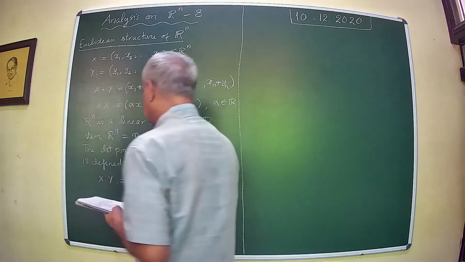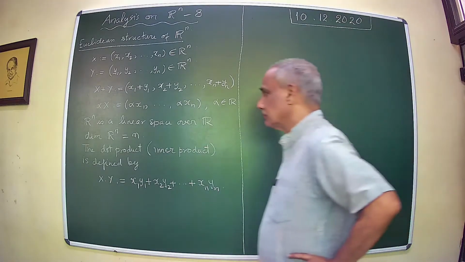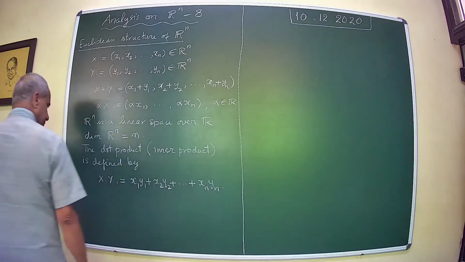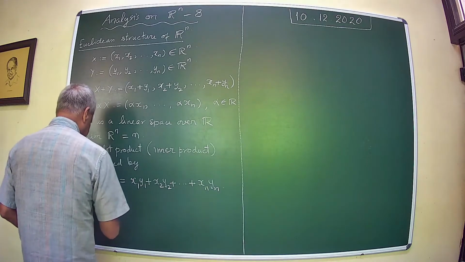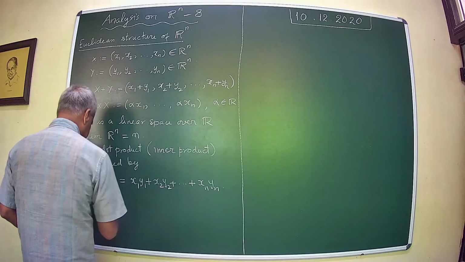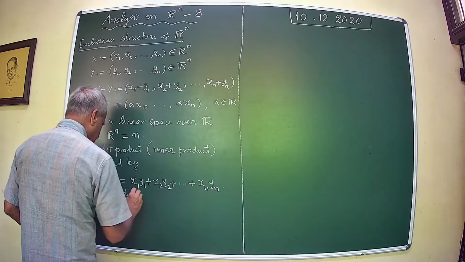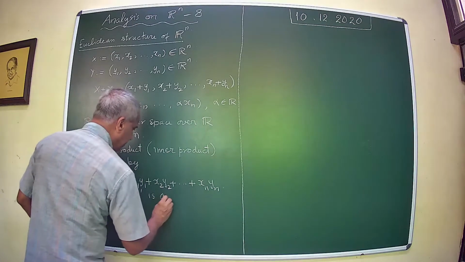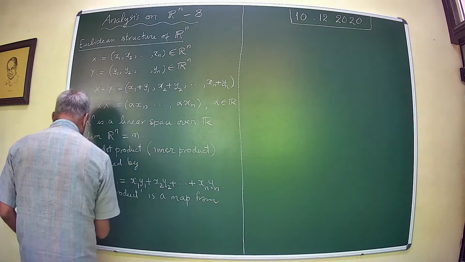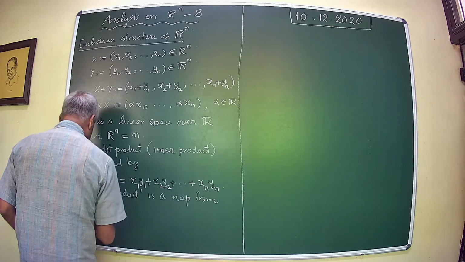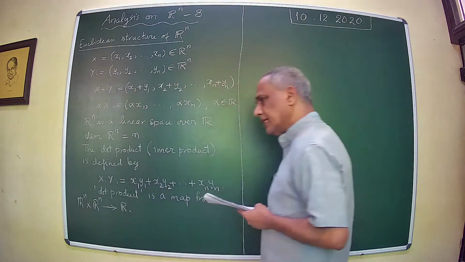If you look at it, the dot product is essentially a map from Rn cross Rn to R. It is bilinear.